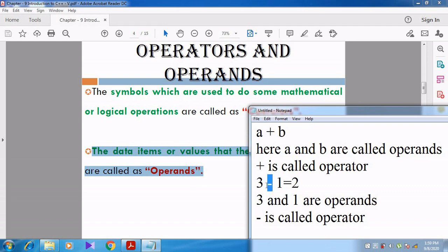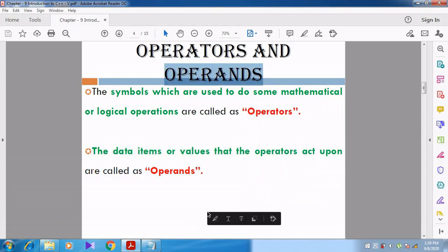The minus symbol is acting on 3 and 1. Can you understand, students, what is meant by operator and what is meant by operand? Operators are the symbols that do some mathematical or logical operation. Operands are the data items or values that the operator acts upon.